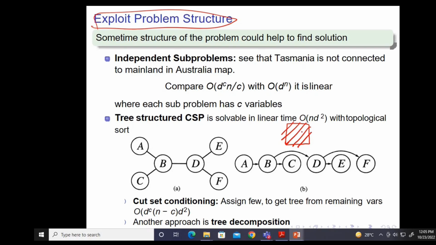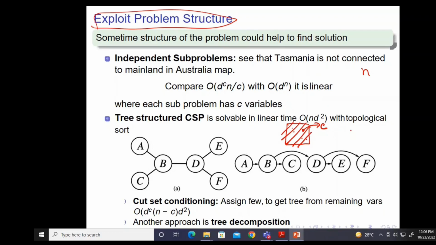Let's assume that the total number of variables is n, and you divide the problem in such a way, and let's assume that a perfect division is possible, and in every part there are C problem statements.